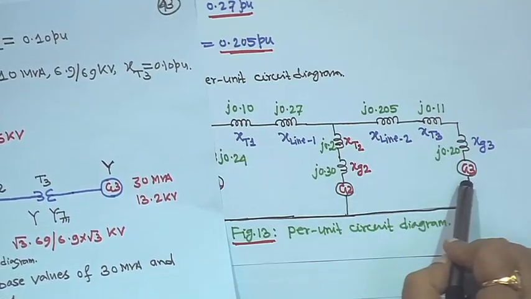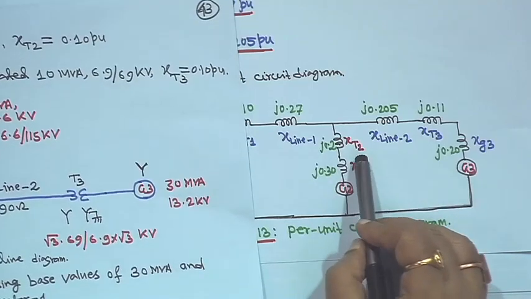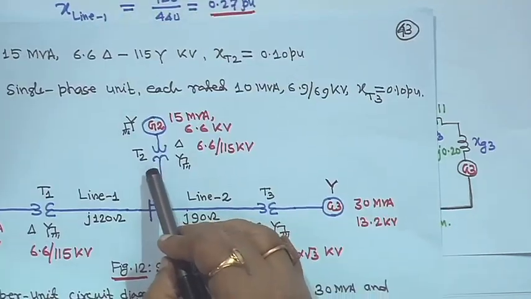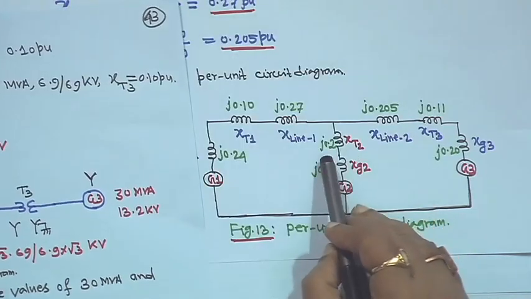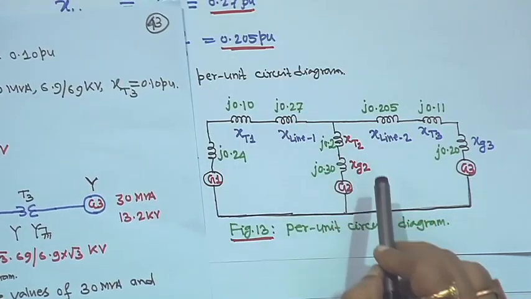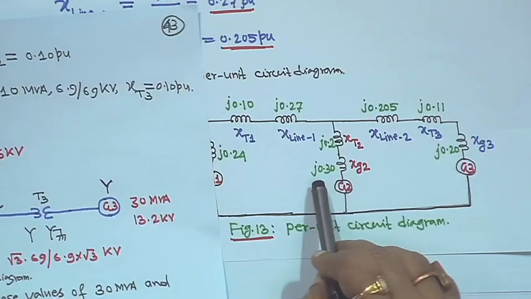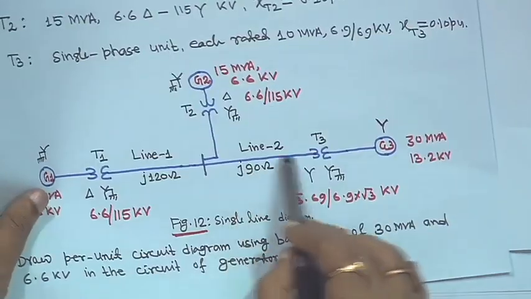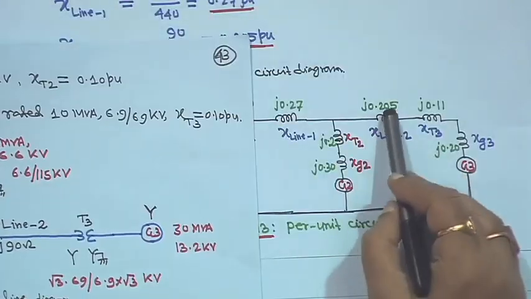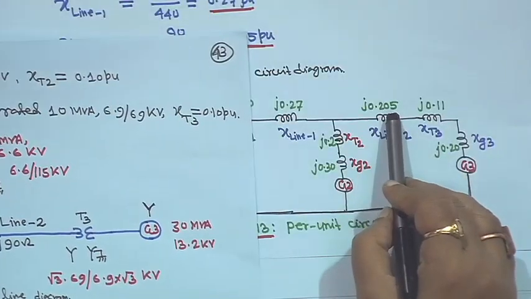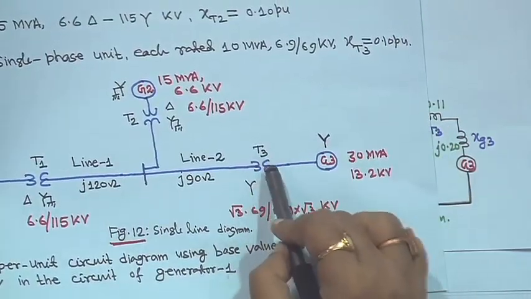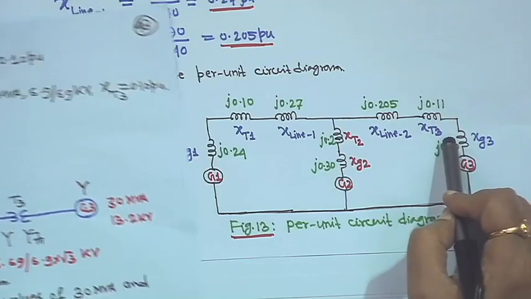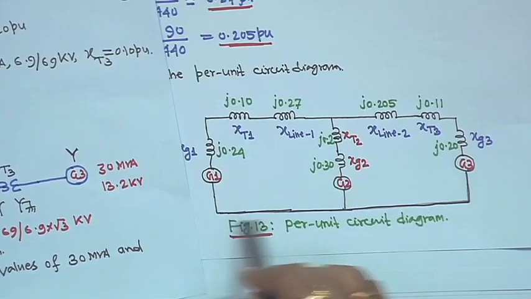This is XT2, j0.2, and Xg2 we computed as j0.3, this is generator 2. Then this line is coming, X line 2, j0.205, then XT3 is coming, j0.11, then generator Xg3 is coming here, j0.20, and it completes the circuit.